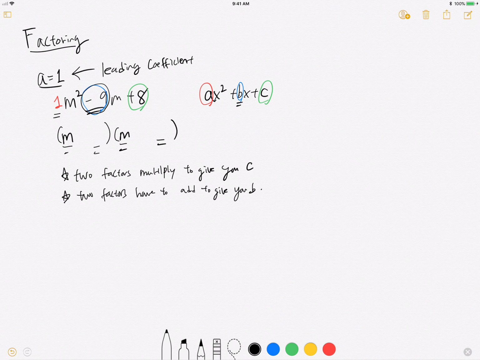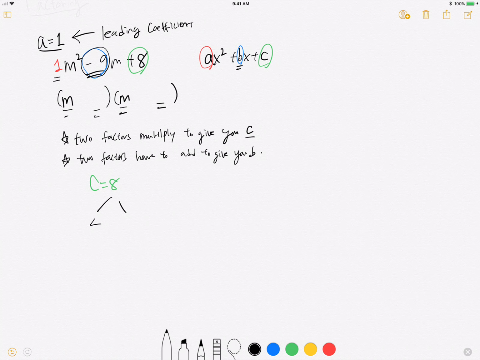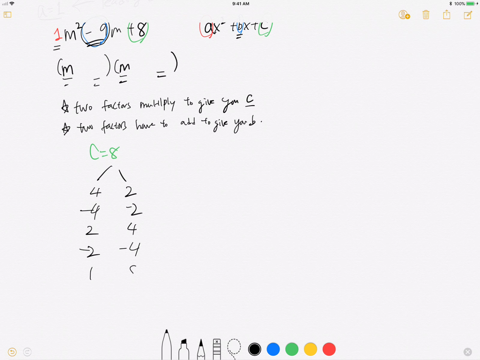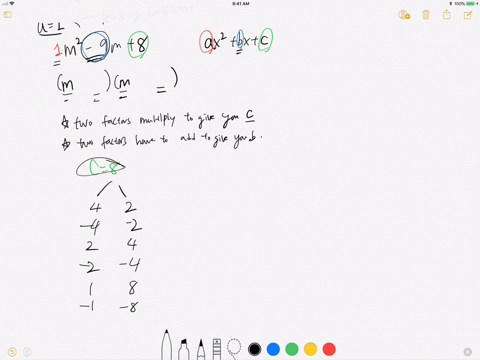Now, the two factors that multiply to give you c, which is 8 in this case, could be many different ones. It could be 4, 2, it could be negative 4, negative 2, and the order also matters here. Or it could be even 1 and 8. So there are a lot of possibilities in which it could multiply to 8.